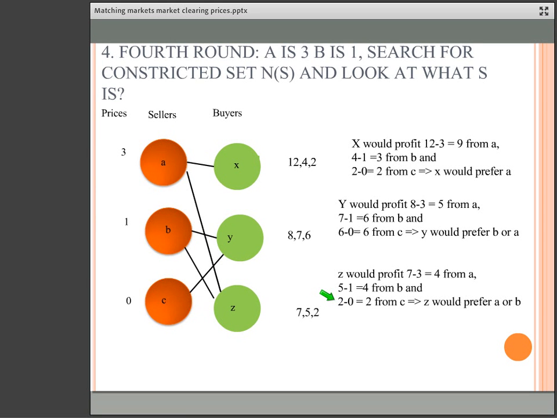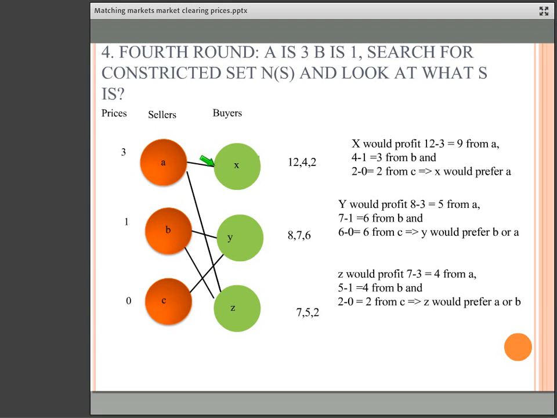When you look at this, the question is, is this a constricted set, or can you distribute this? And it needs some time of looking.